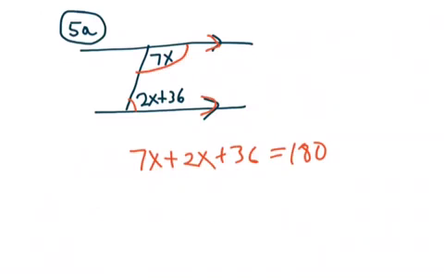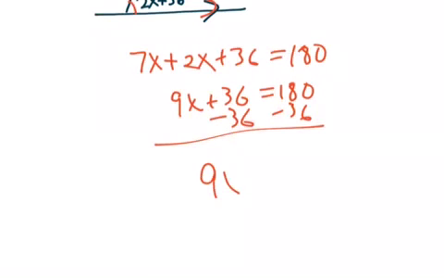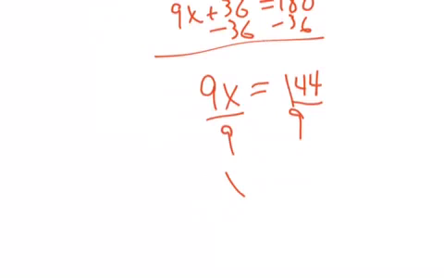Solving for x, you have 9x plus 36 is 180. Take away 36. You have 9x is equal to 180 minus 36 is 144. Then divide that by 9. And x equals 16. So that's our answer.